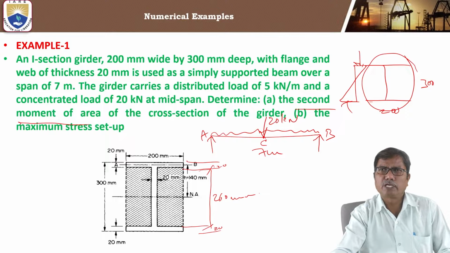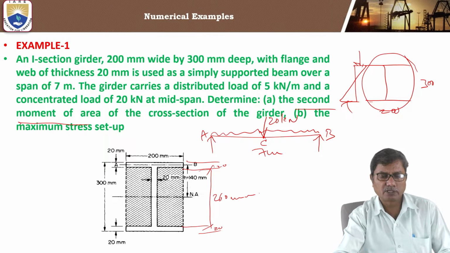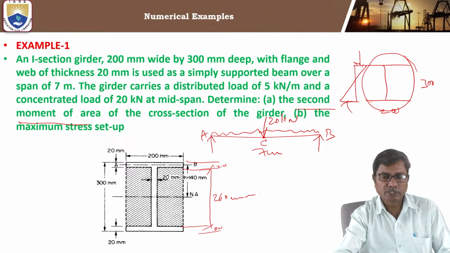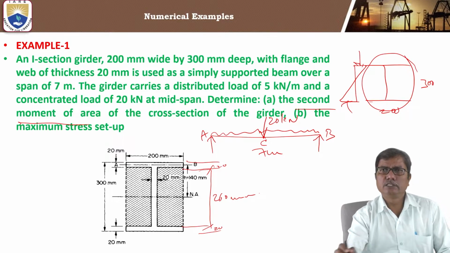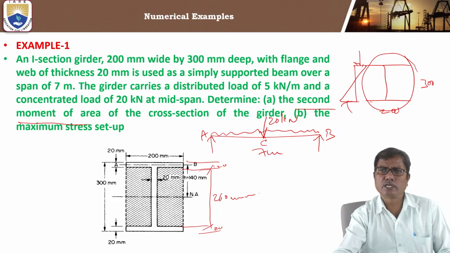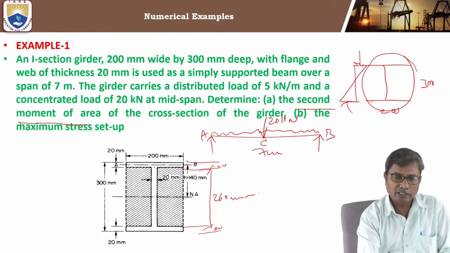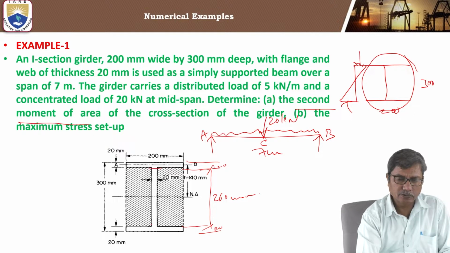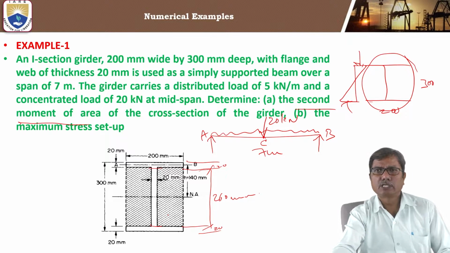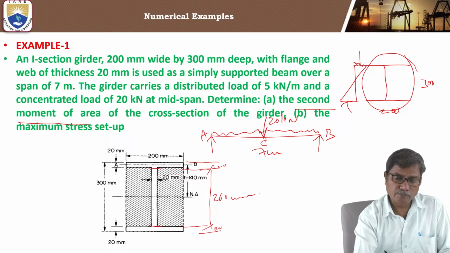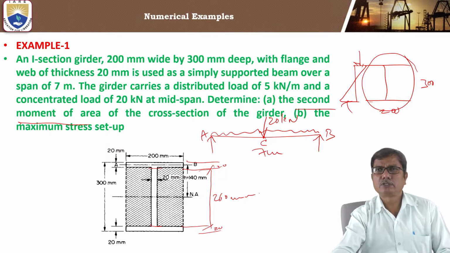The first part is to find the second moment of area, also called the moment of inertia, which can be calculated using the known values of moments of inertia of regular shapes. We can also use the parallel axis theorem by dividing this into three parts: top flange, bottom flange, and web portion, finding the moments of inertia of these three parts about the neutral axis separately.